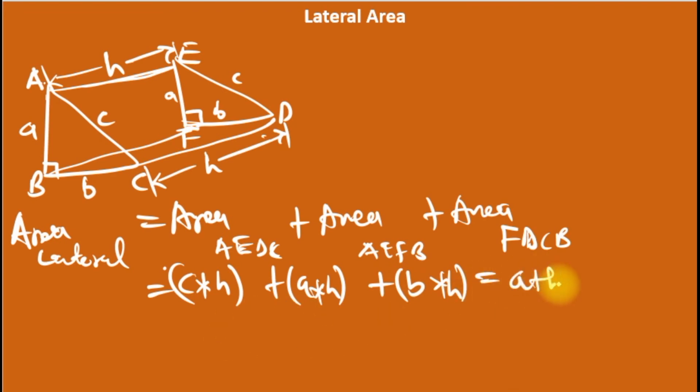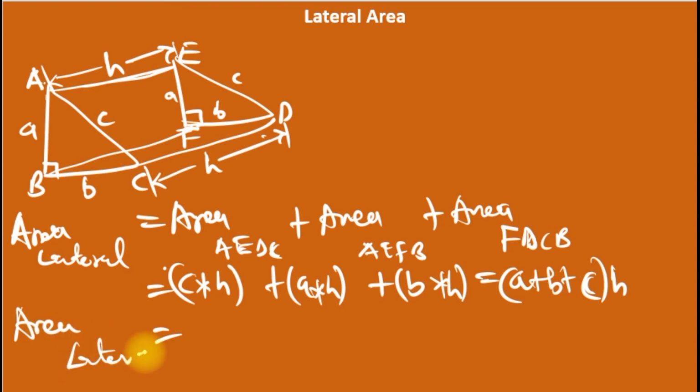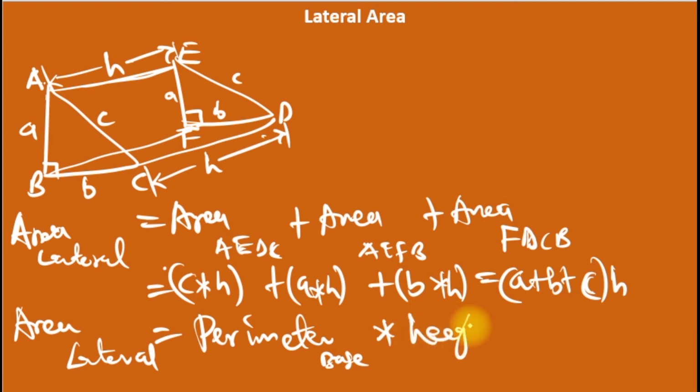We now have A plus B plus C, times H. And looking at this, A plus B plus C is the perimeter of the base. So generally, lateral area is always the perimeter of the base times the perpendicular height. So this is a very important formula.